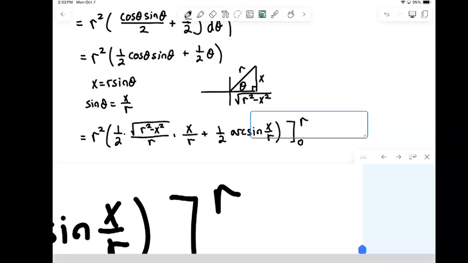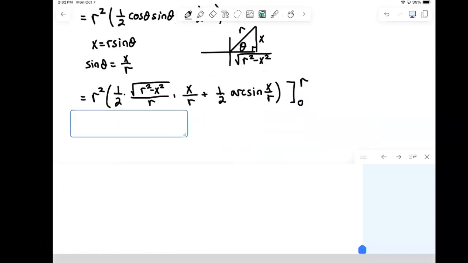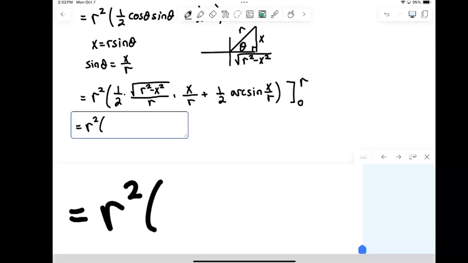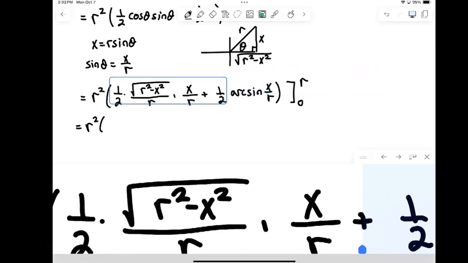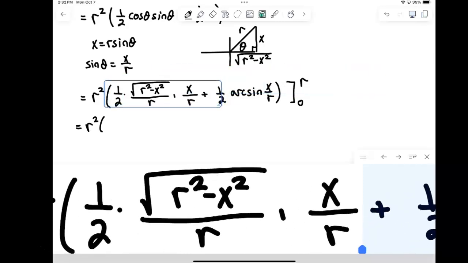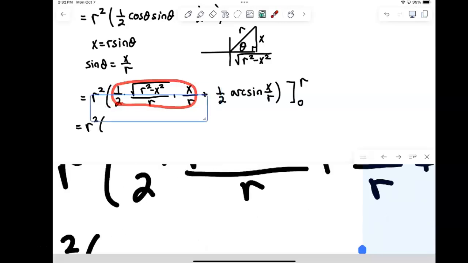Now here's what I want you to realize when we start plugging these values in. This is going to be equal to r squared. First we plug in r. When I plug in r, I'm going to have the square root of r squared minus r squared, which is 0. That's going to wipe out this whole piece here.